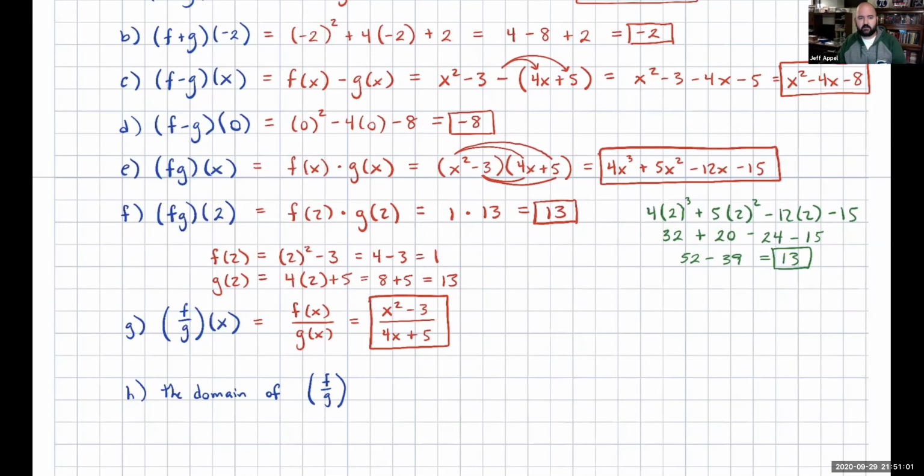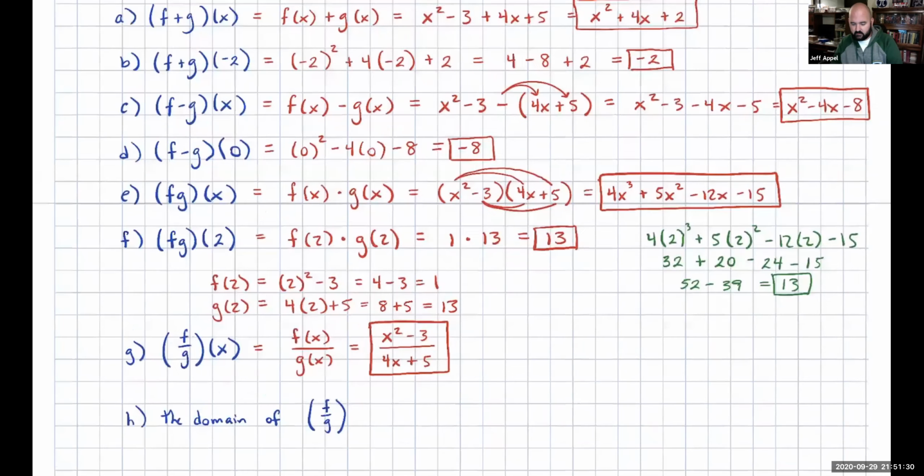Well, you need to remember that at the very beginning of this lesson, we talked about how to find the domain of a variety of different types of functions. And in case number 2, we said that if it was a rational function, which is exactly what we have here in parts G and H, take the denominator, set that equal to 0, and whatever answer you get from that, that number is not in the domain.